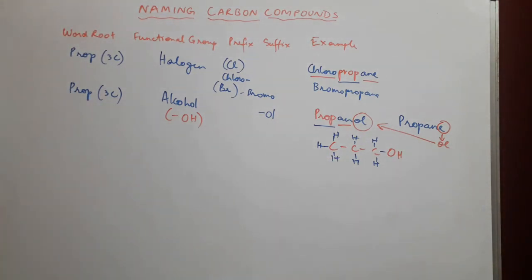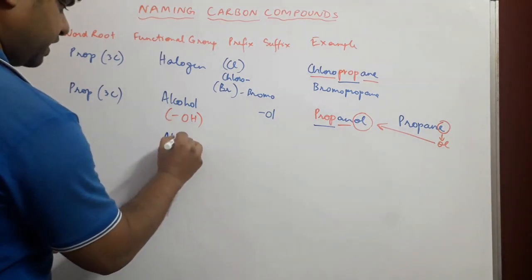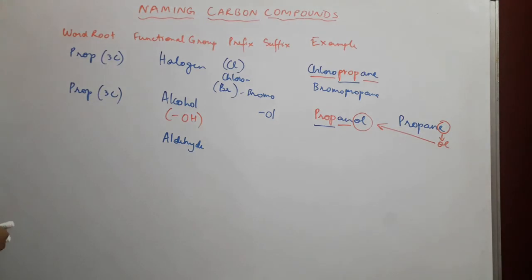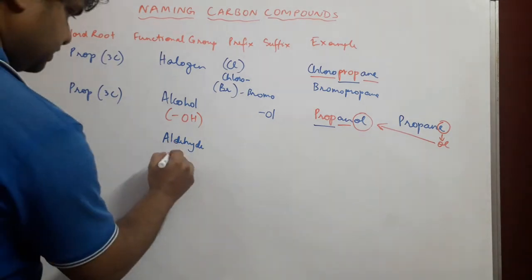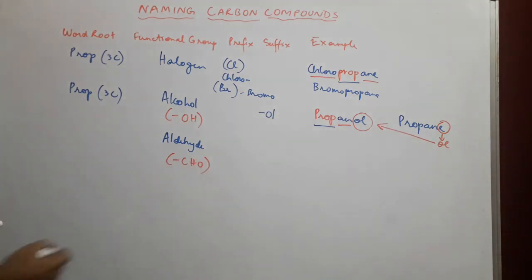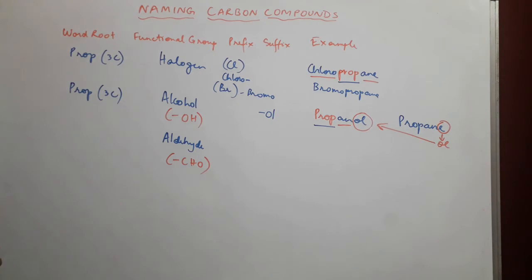Let's go to the next functional group. Our next functional group is known as an aldehyde, and it is usually marked as CHO. So there's an oxygen atom, there's a hydrogen atom, and the carbon atom is involved in this type of functional group.